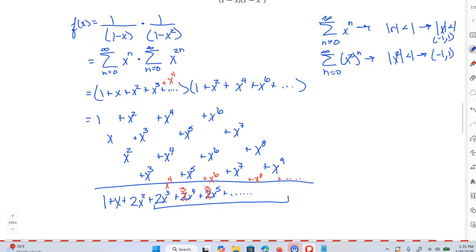Anything between -1 and 1 would make that a true statement. So my interval of convergence for that product, which is tedious to compute by hand, would be the overlap, which happens to be from -1 to 1.